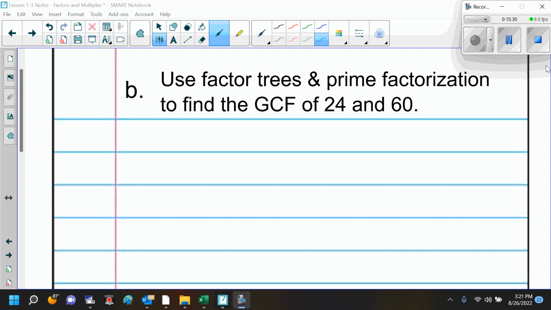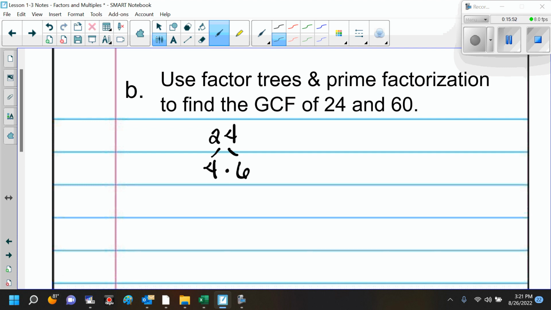All right, so for this example, you're going to use factor trees and prime factorization to find the greatest common factor of 24 and 60. So we're going to start with 24, and we're going to break it down. So let's do 4 times 6.